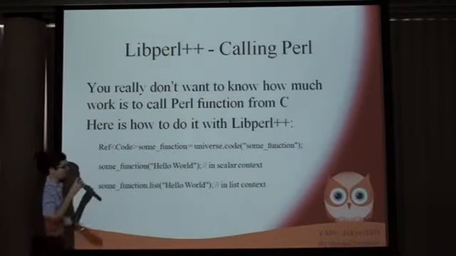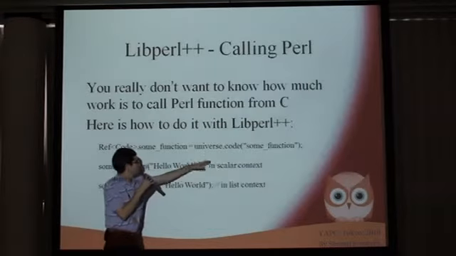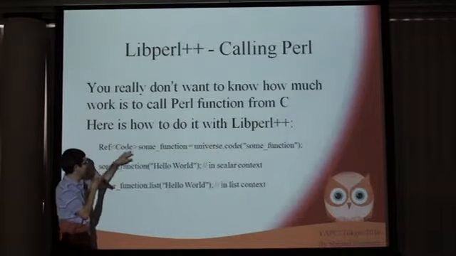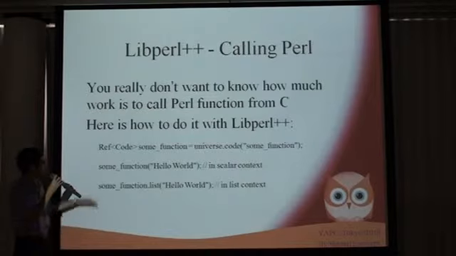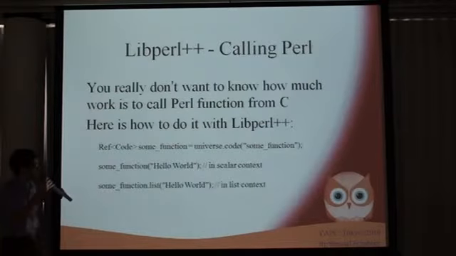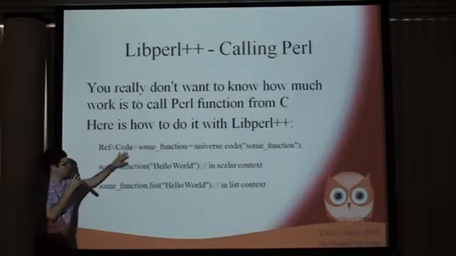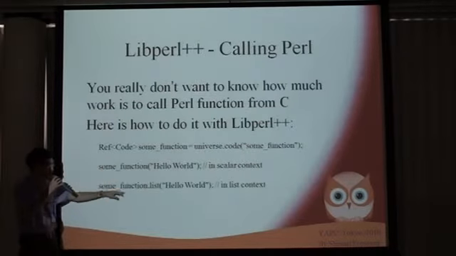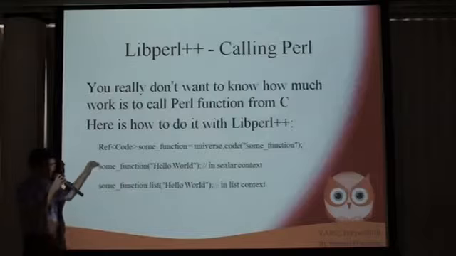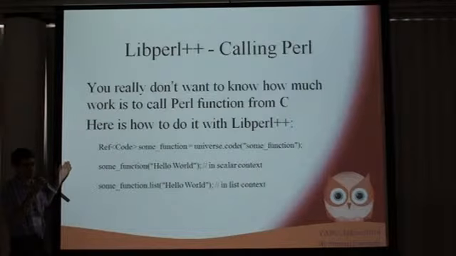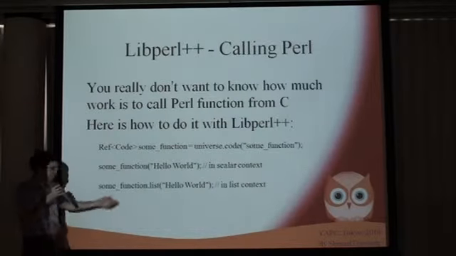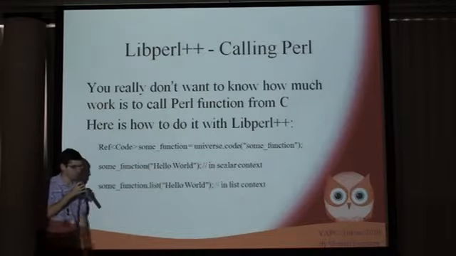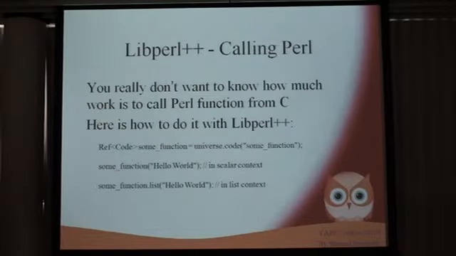We ask the universe for the function and put it inside a reference to code. And then you just call it, and we get whatever is returned from it in scalar context. If we want list context, we have list. And we can accept it into an array.